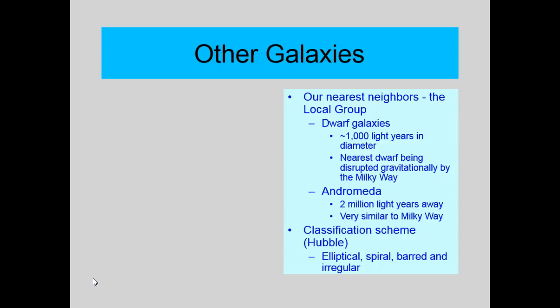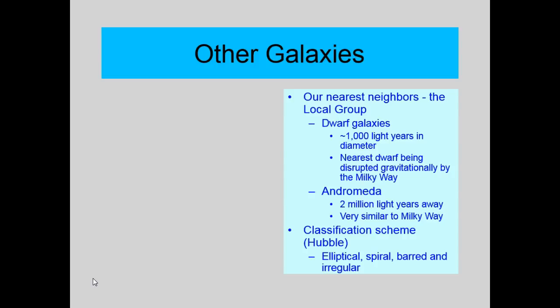Still huge, but not enormous. The nearest dwarf galaxy is actually being disrupted gravitationally by us, the Milky Way, and some of the stars that are closest to us are probably being dragged toward us, and probably sometime in the next way more than millennia, I don't know what the next bigger unit is, the Milky Way may actually absorb that nearest dwarf galaxy.